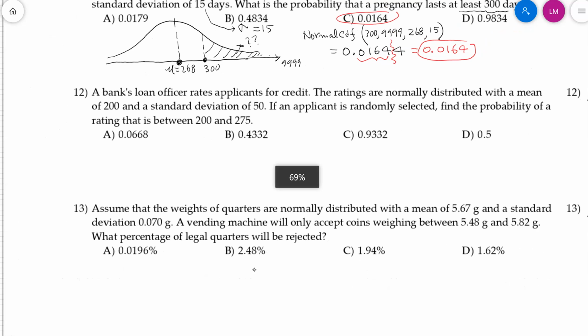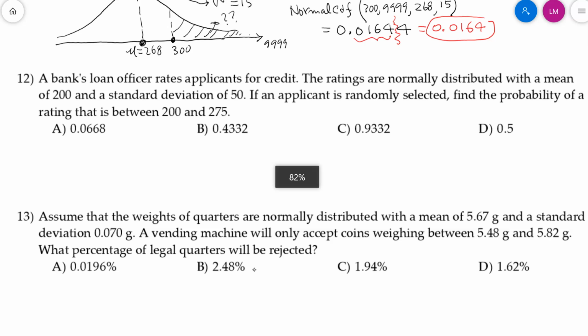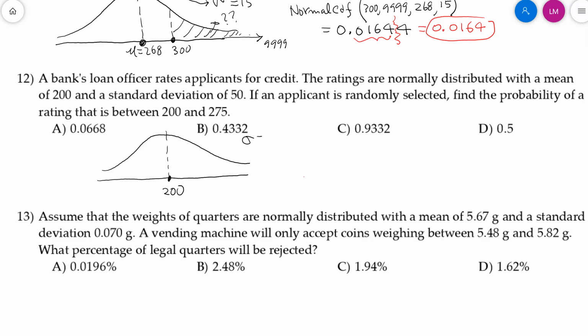Okay, let's do number 12. A bank loan officer rates applicants for credit. The rating is normally distributed with a mean of 200 and a standard deviation of 50. If an applicant is randomly selected, find the probability that the rating is between 200 and 275. So we have a normal distribution. The mean is 200, and the standard deviation is 50.